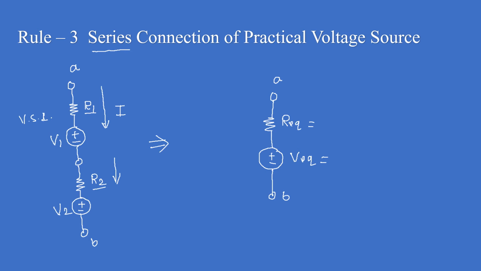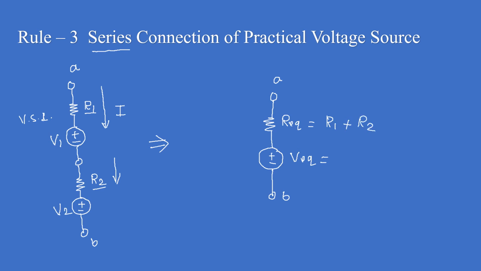So we say that both these sources are connected in series. So apply the rules of series connection. In a series connection, the current through the resistances is the same, the resistances add, and the voltages also add. So what is R equivalent? R equivalent is simply the addition of these two resistances, which is R1 plus R2.